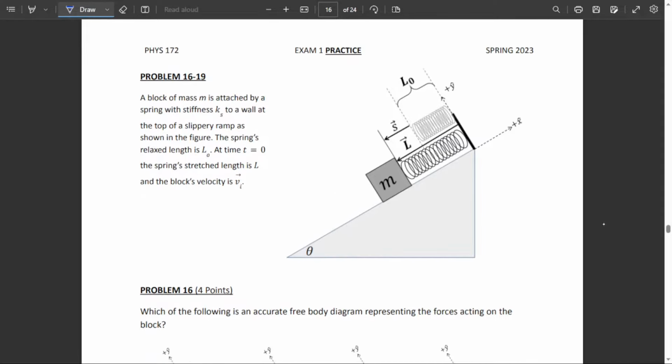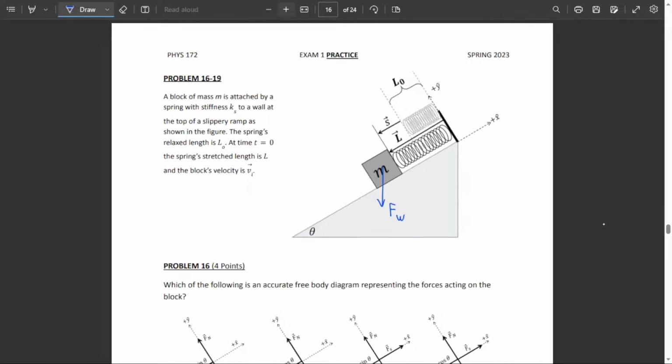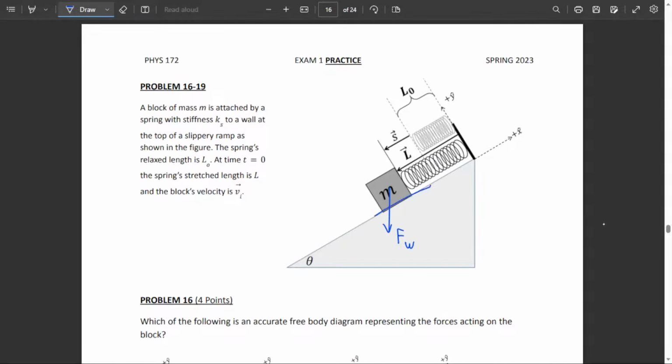Alright, well, look at our block. We are obviously going to have the weight force. And then it is sitting on this incline, so we're also going to have a normal force. The normal force is perpendicular to the incline, so it'll be something like that.